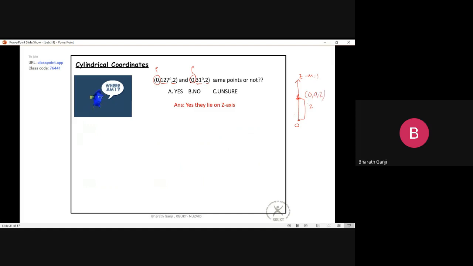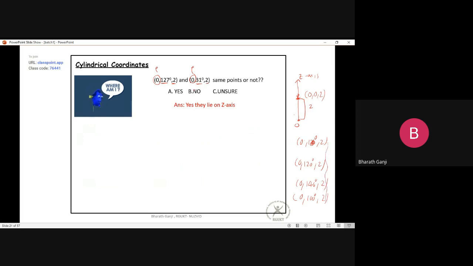There is only one address for this point, but in cylindrical coordinate system, the same point you can call with the name 0 comma 10 degrees comma 2, 0 comma 120 degrees comma 2, 0 comma 140 degrees comma 2, 0 comma 100 degrees comma 2. ఏదన్నా రాయండి, అన్నీ ఒకటే పాయింట్, అదే పాయింట్.